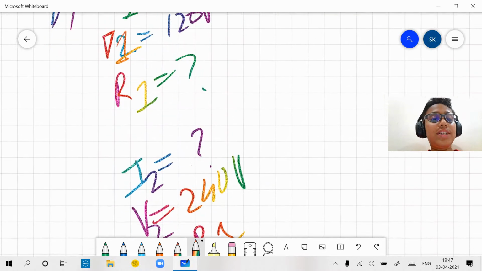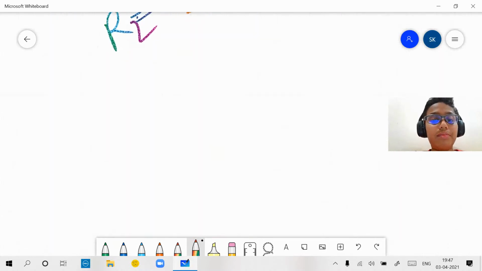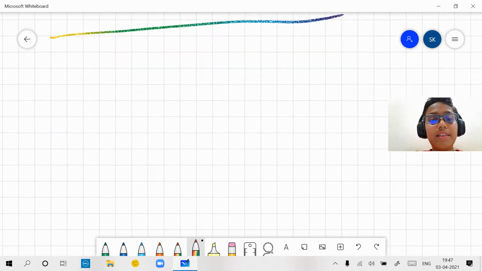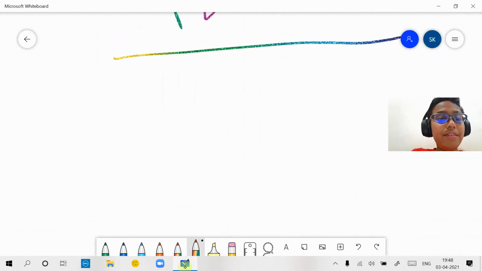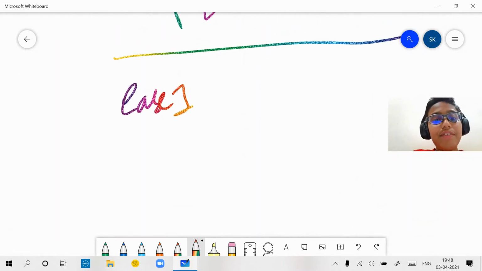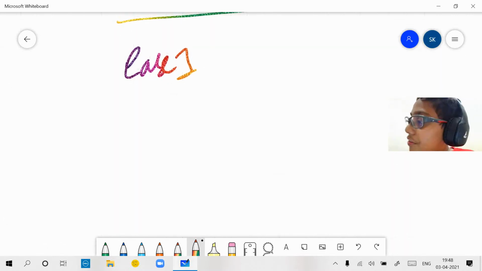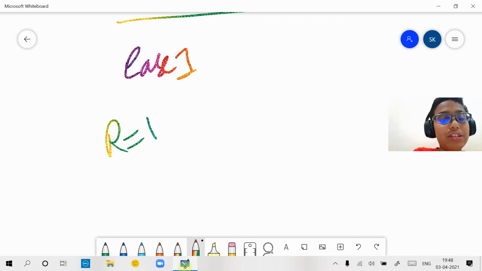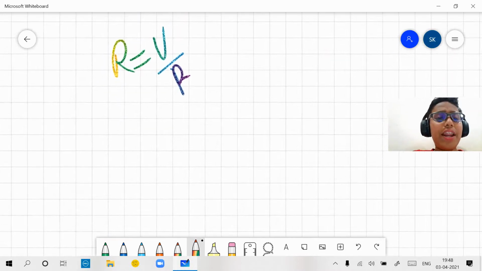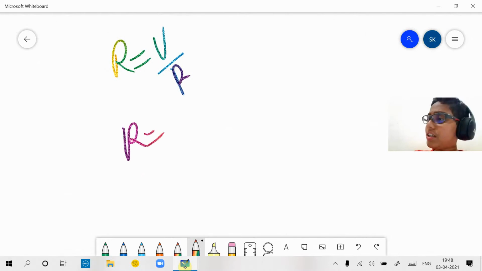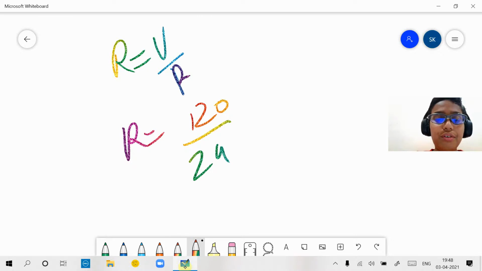Okay, so first let's find R1. Case 1. So what is the current? 2.4 amperes. R equals V by I. You should learn this formula, it's important. R equals 120 volts by 2.4.